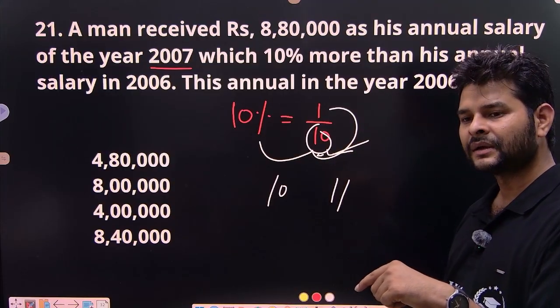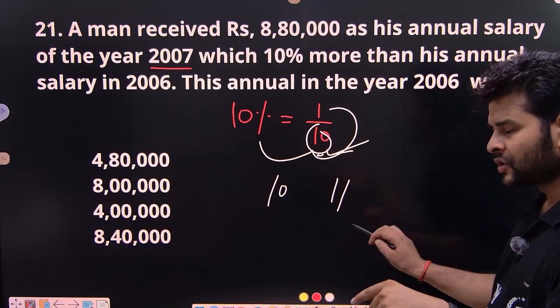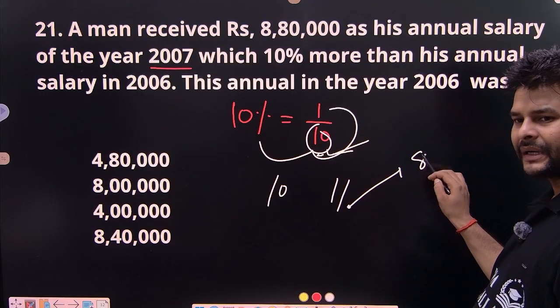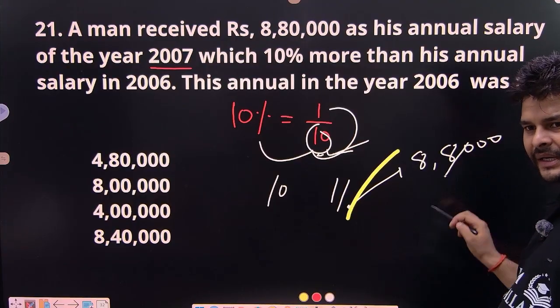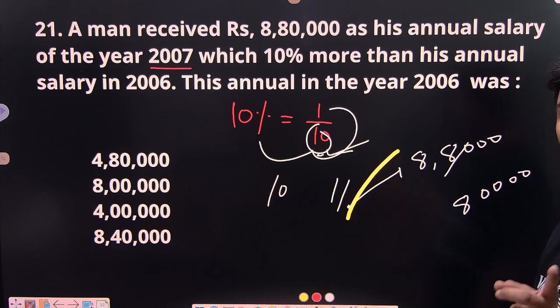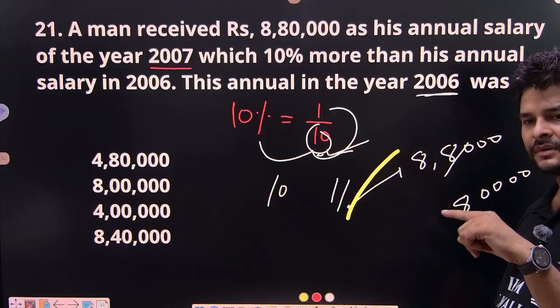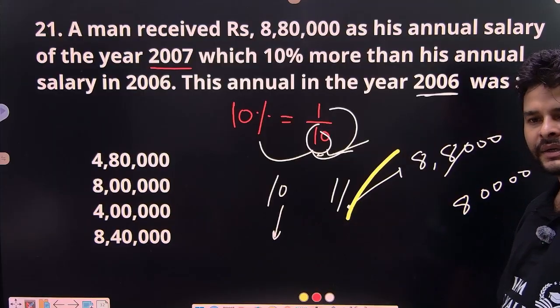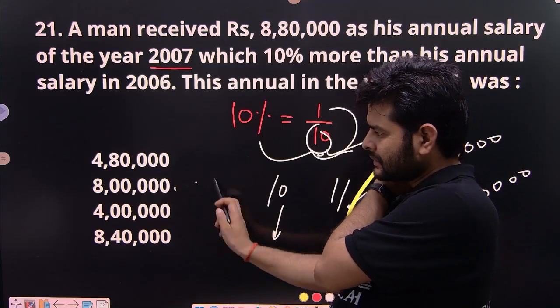But actually how much is he making? That means 11 unit is representing 8,80,000. So 1 unit is going to represent 80,000. And the salary of 2006, which is asked, is 10 unit. So if you multiply by that, you will get 8 lakh.